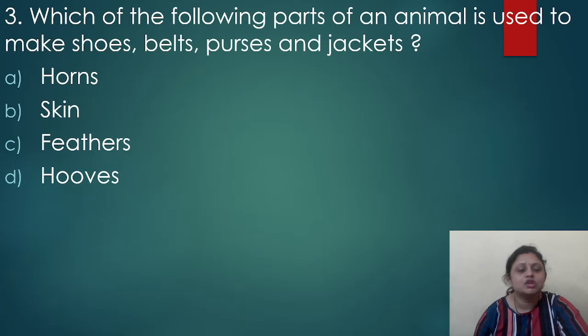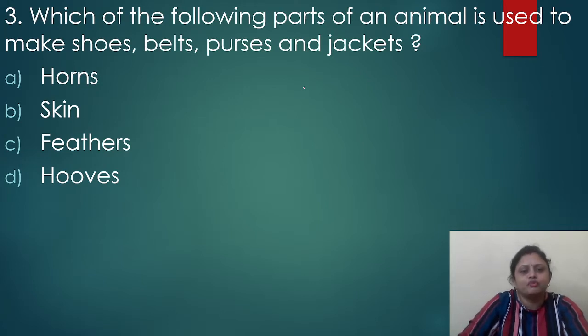The question is, which of the following parts of an animal is used to make shoes, belts, purses and jackets? Option A, horns. B, skin. C, feathers. D, hooves. Okay. So what do you think?